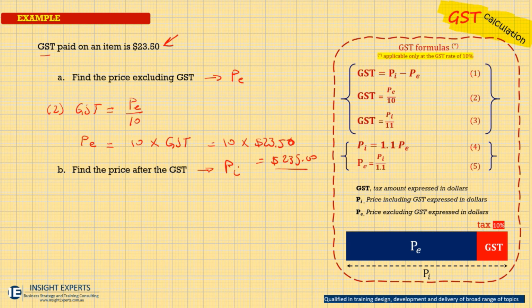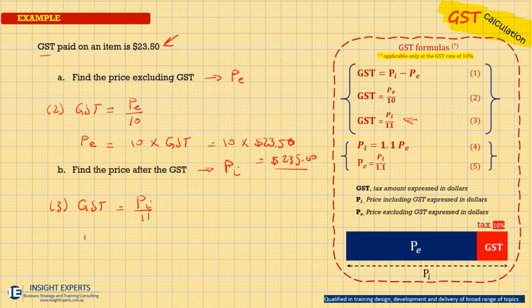Find the price after GST. Many ways of doing it. You can use equation number 1 if you like, but you can also use equation number 3. But this time, PI is required and GST is given. So from equation number 3, which I need to rearrange, the GST amount is equal to PI over 11.